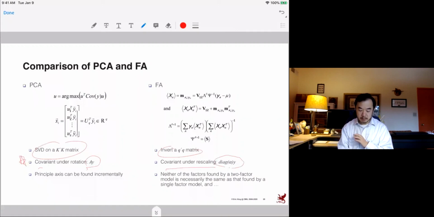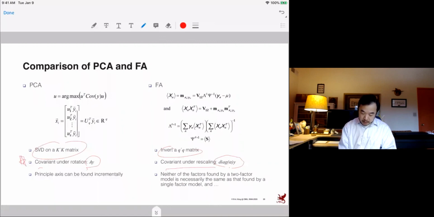But if they rotate only, you may get the same lambda matrix. Okay, and you will see why that's the case in a second. This is good and bad. Sometimes it's good because it's very stable in terms of perturbations in data, but it can also be bad because that means even when data are rotated meaningfully, you cannot detect it in your loading matrix lambda.